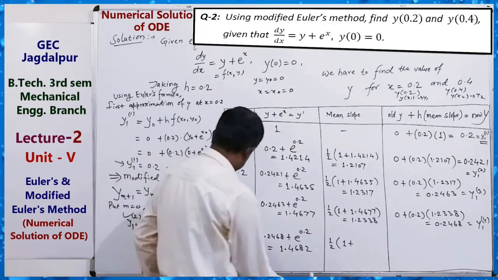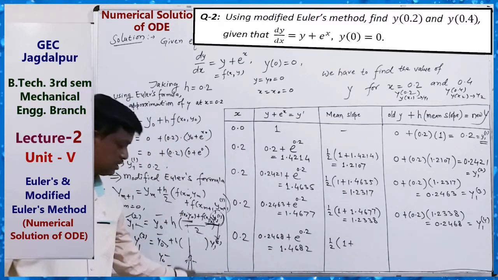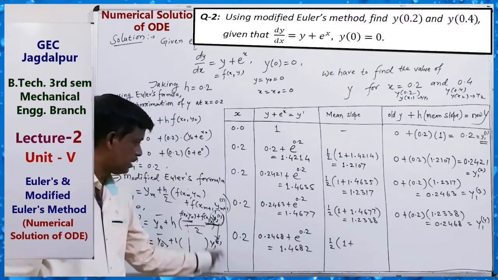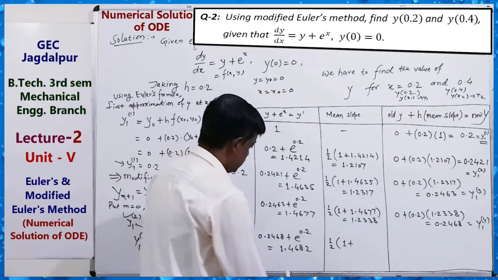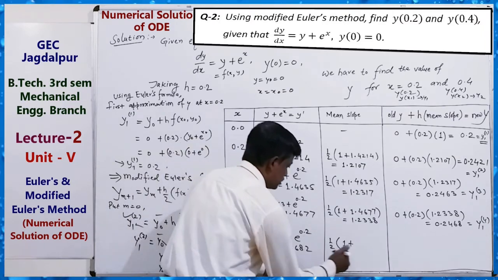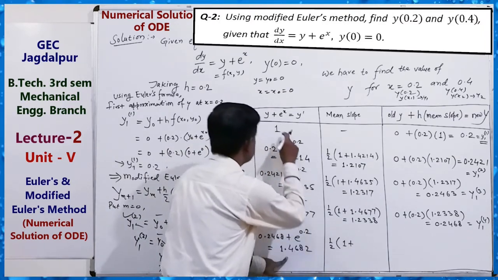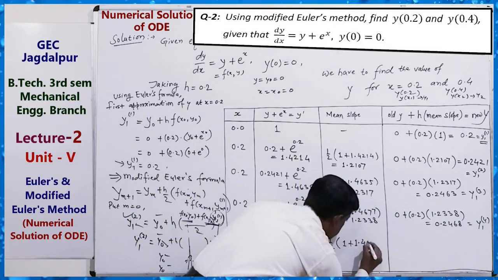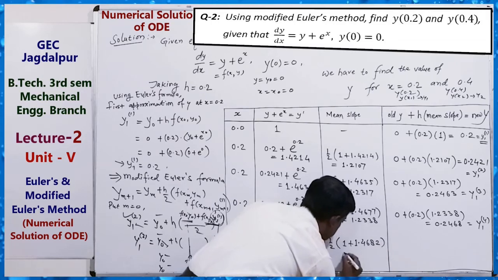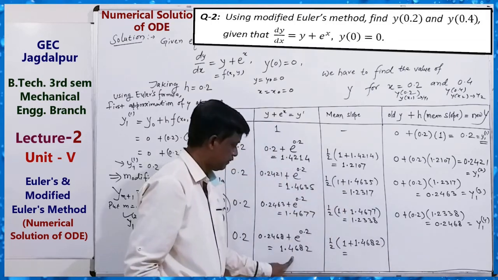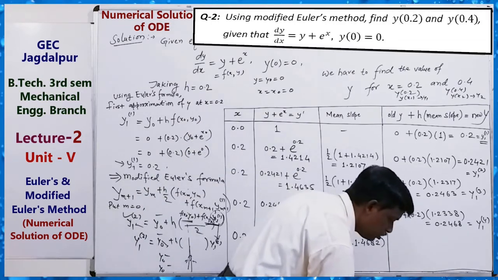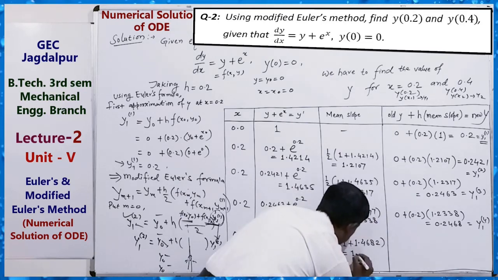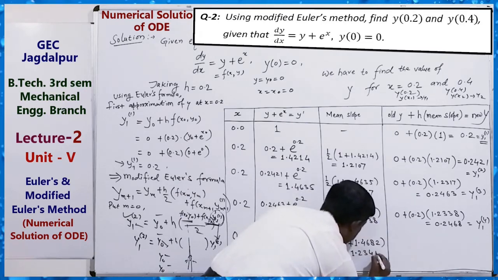So the first value is the same, and the second value comes from the previous. So here 1 plus this 1.4682. So this is equal to what? Just calculate, 1.2341.